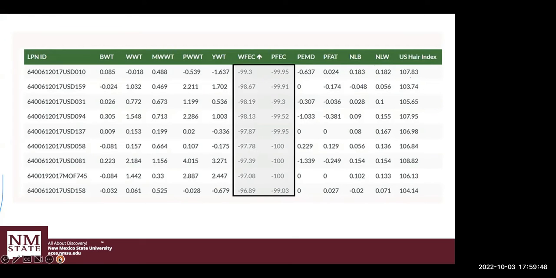So that is the parasite load or resistance to parasites value. And you want a very negative number here, right? You want a low number with this particular EPD, but you can also have some carcass values in that PFAT. And then NLB is number of lambs born. So that's an indication of fertility. This US hair index, you want a very high number there, and that represents all of the components and characteristics of performance, my bad. Okay, so next slide.